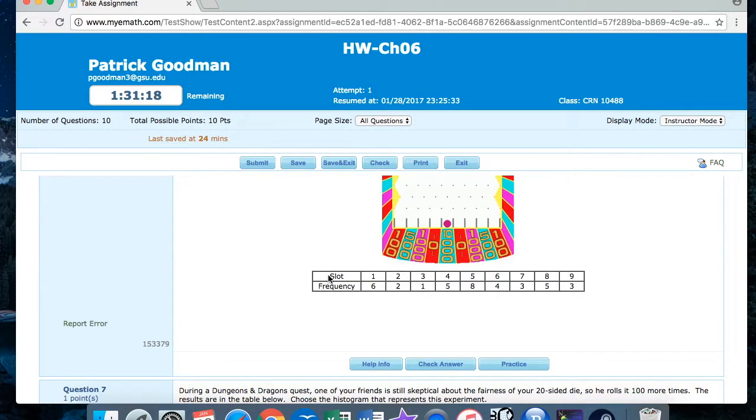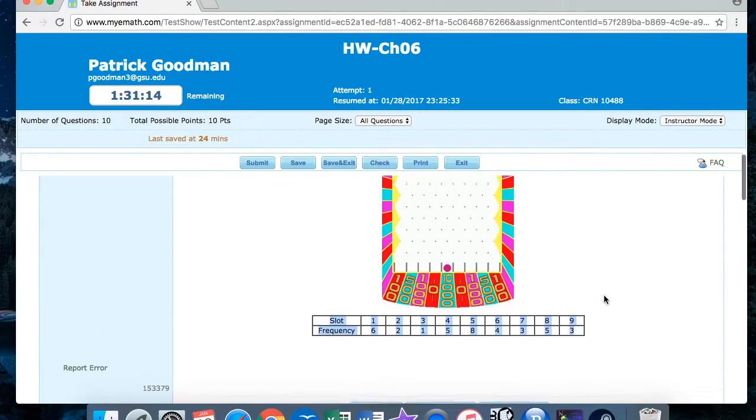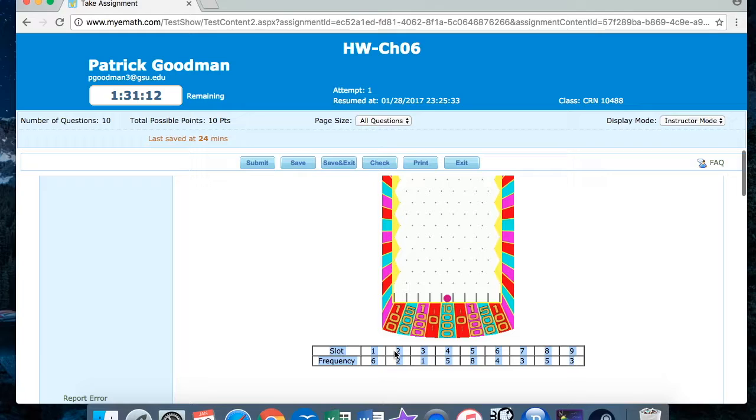So here's the actual data. Now this frequency table is telling us, out of all those that get dropped, how many times does this disc go to 10,000 in one of these slots? So if you put it in slot 1, you can expect to get to 10,000 6 times. Same thing with 2.